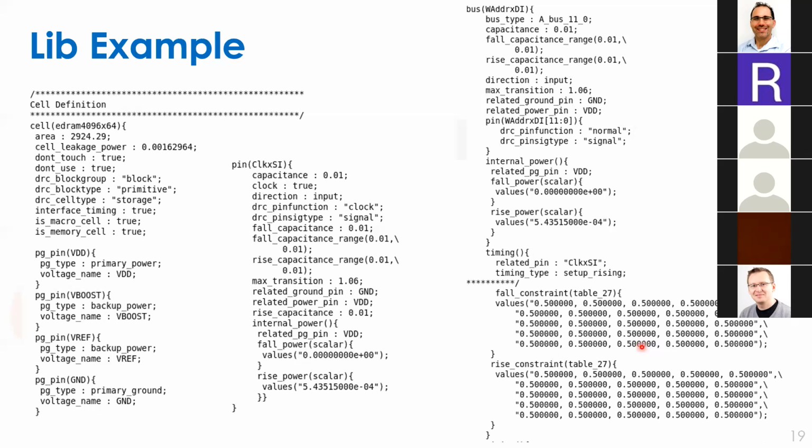Actually, there are tools for automating this process, which, if you can get them to work, are a much better way to do it. So for example, Liberate MX is for doing characterization of memories, but it's hard to use if you don't have a very specific memory structure. And Liberate AMS is for doing analog mixed signal design.